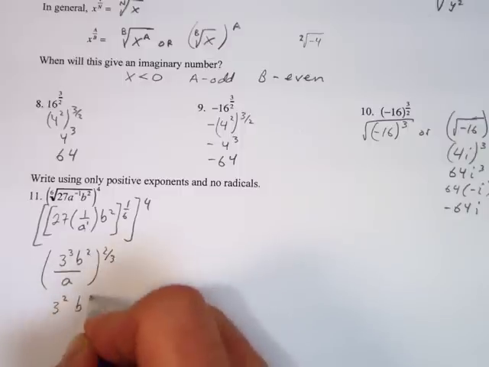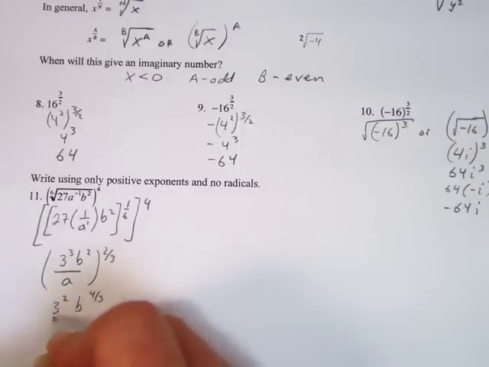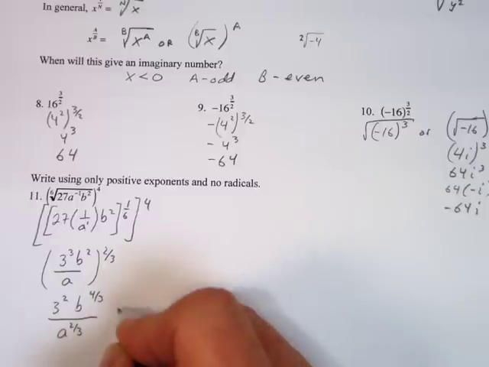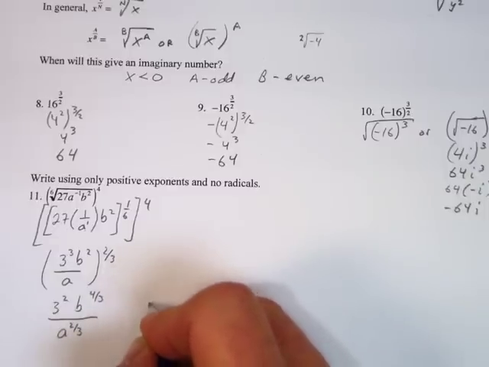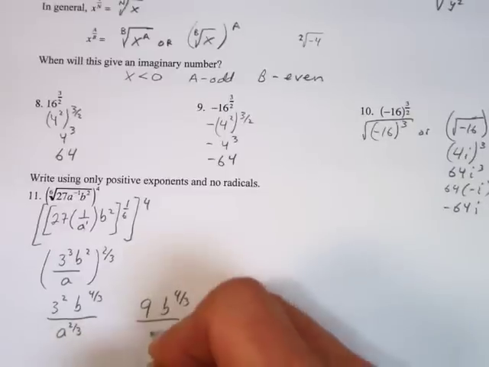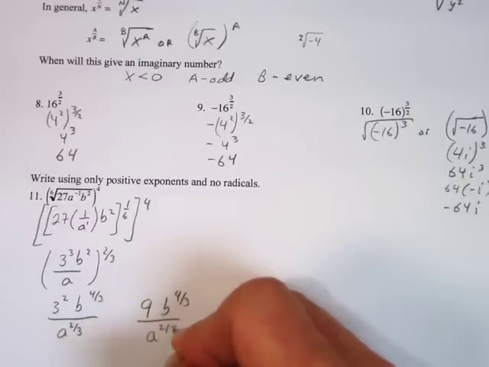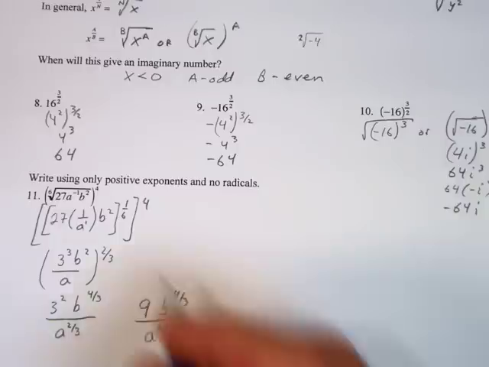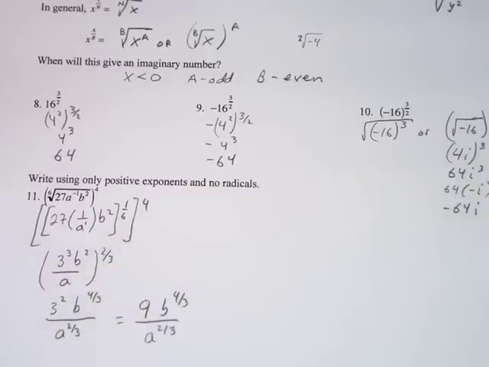And then 2 times 2/3 would be 4/3. A to the 2/3. And that can be written as 9b to the 4/3 over a to the 2/3.